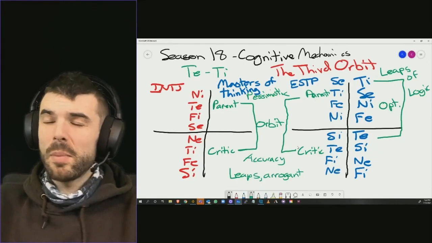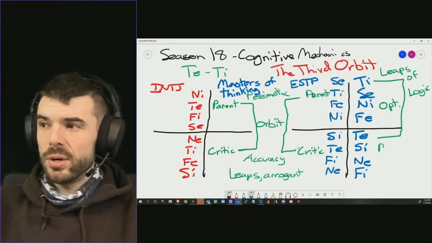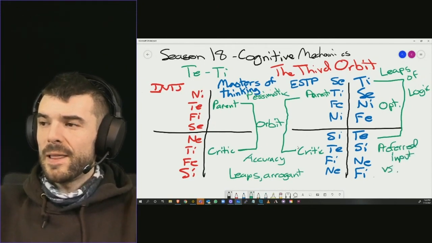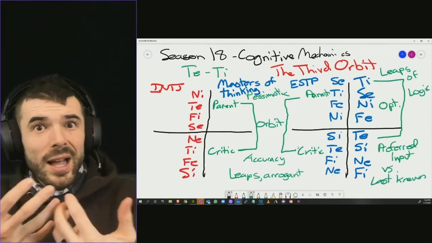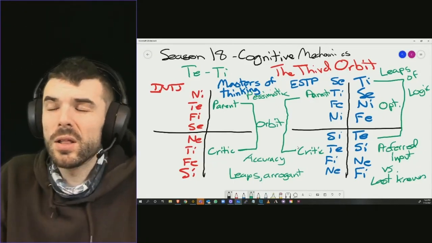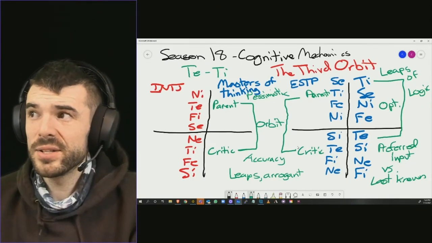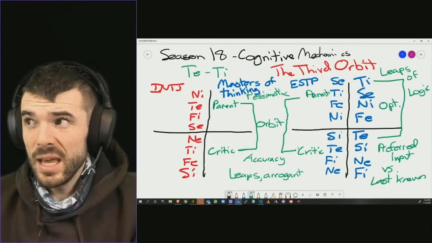The reason why, and remember what the ignorance of TI actually is, it is preferred input versus last known input, okay? And this leads to ignorance, but optimistic functions try a lot harder. Pessimistic functions don't try as hard, but optimistic functions do. And this is why an ISTP is not necessarily a master of thinking, because that TI Hero makes leaps of logic.